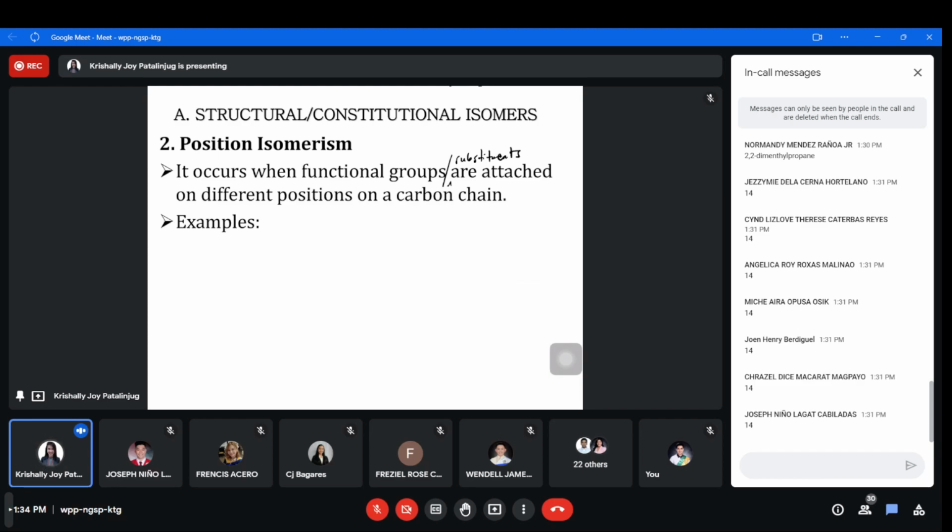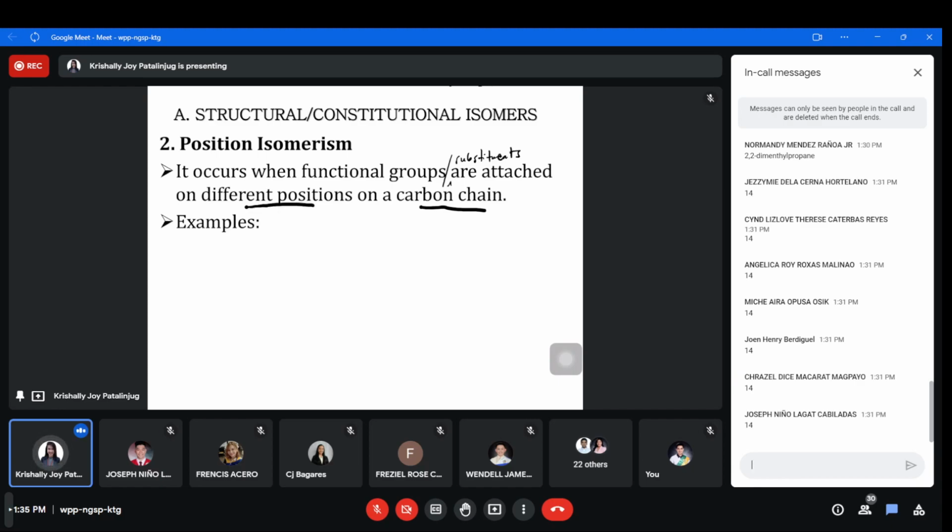So you have a carbon chain pa rin, then may presence na ng functional group. Okay? So pwedeng may double bond, may triple bond, alcohol, okay, etc. Or may halogens. Okay? This time, nagkakaiba yung structure ng isomers because of the different positions ng functional group present.